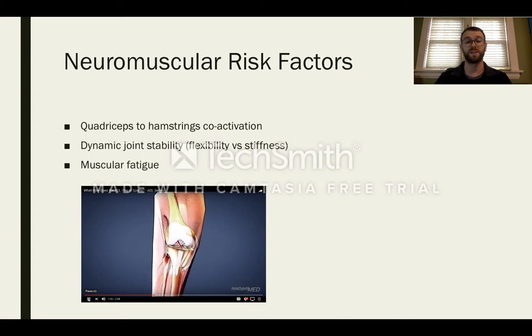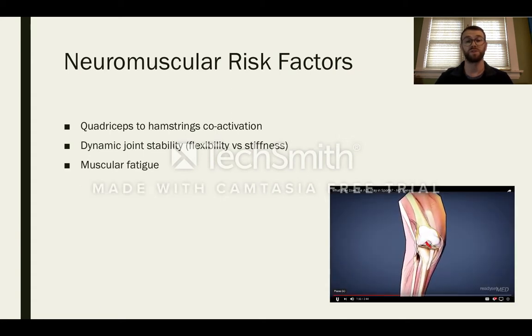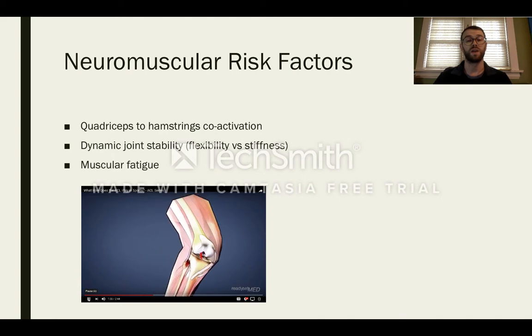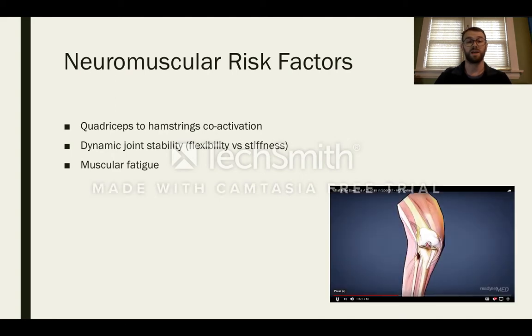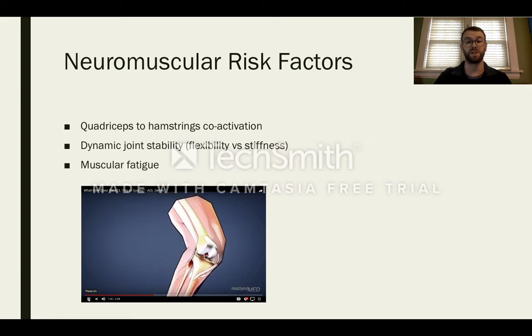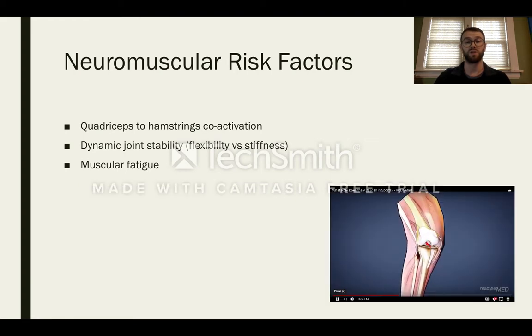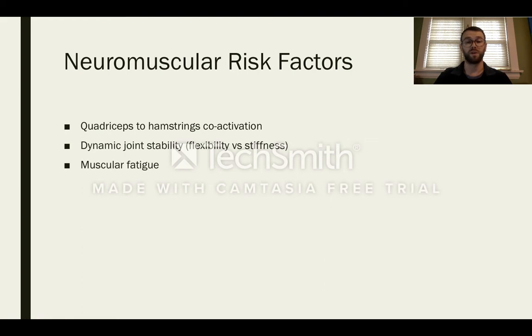However, if the flexibility is too great, if the muscles are too flexible, they may not activate quick enough when a stimulus occurs, and that may lead to, again, greater degrees of injury when the tibia translates against the femur.